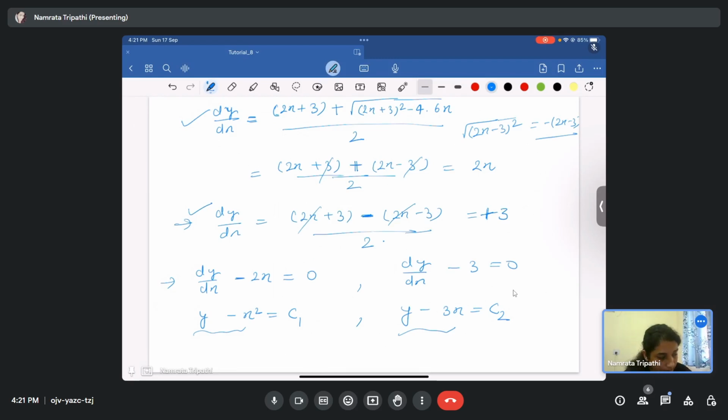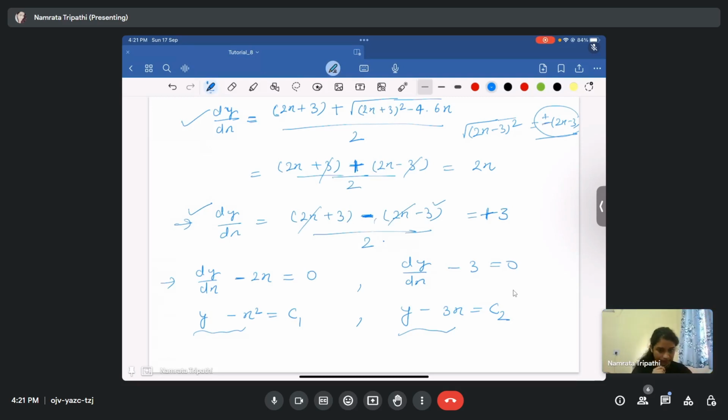Isn't it? So I'm taking the second condition here because this is plus minus. Am I right? The first condition I'm taking here and the second one I'm taking here. The minus condition I'm taking here.